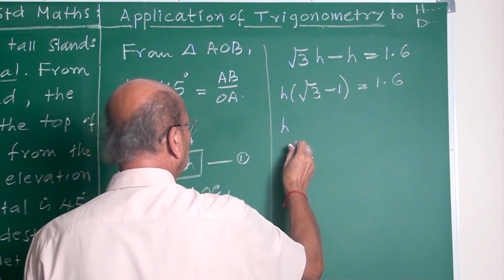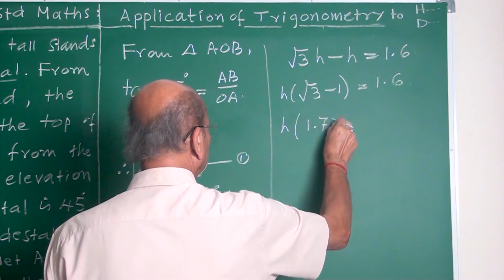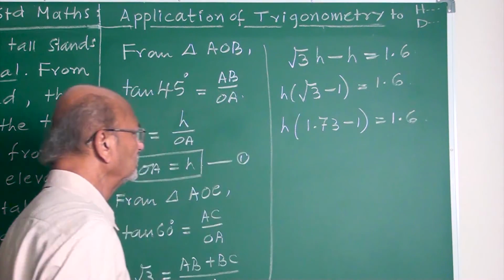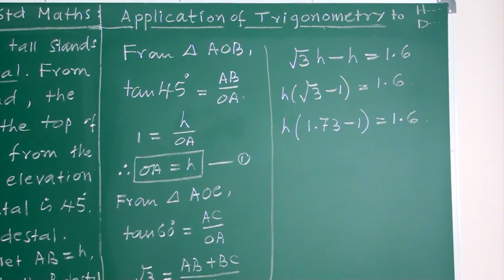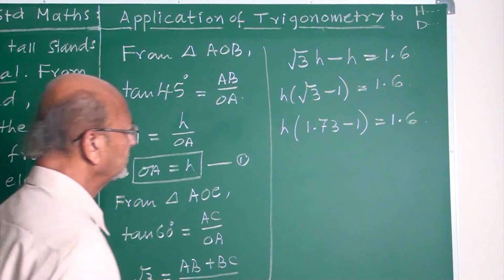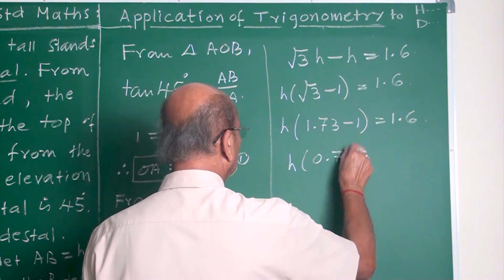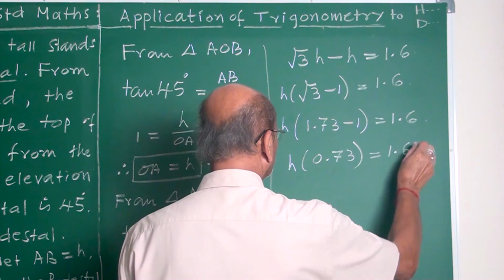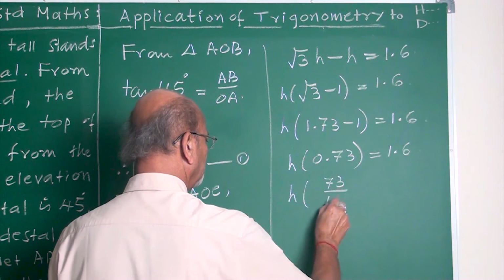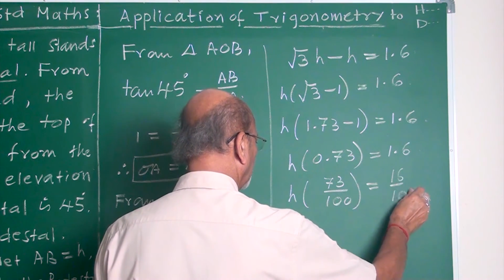Root 3 is 1.73, so 1.73 minus 1 gives H into 0.73 equal to 1.6. Hope understood. 0.73 is 73 upon 100, and 1.6 means 16 upon 10.